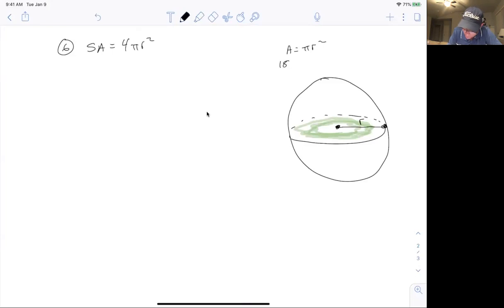So we can solve for r that way, right? If I say pi r squared is equal to 18.1, let's divide by pi. 18.1 divided by pi should give me r squared.